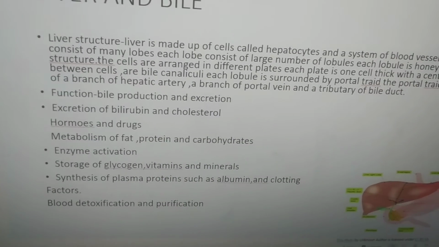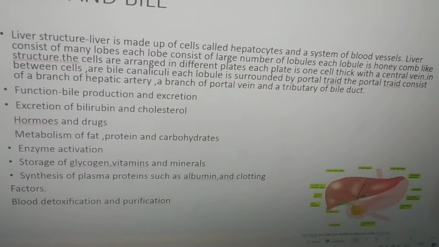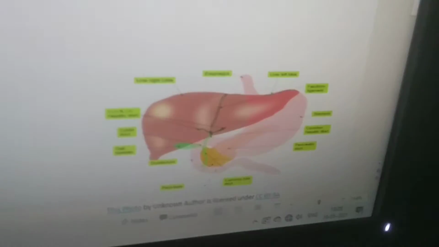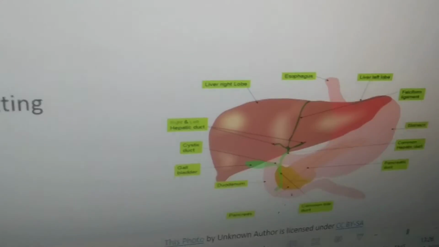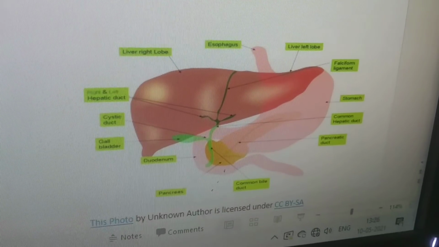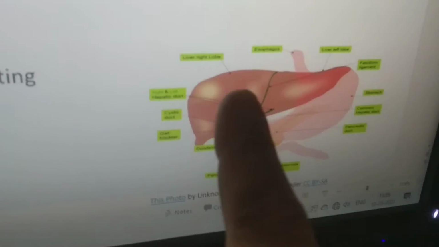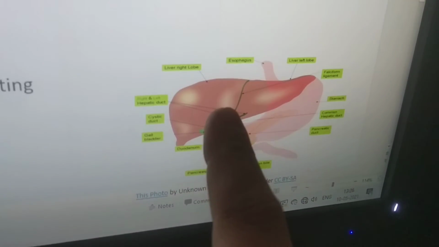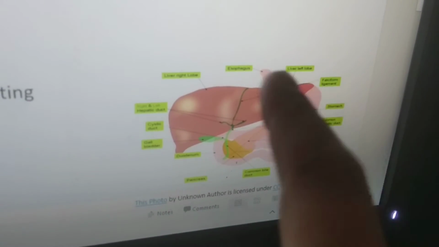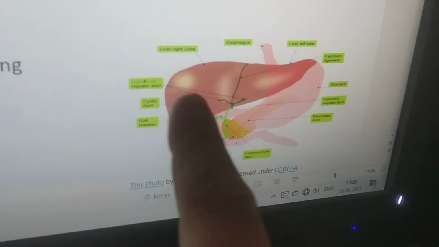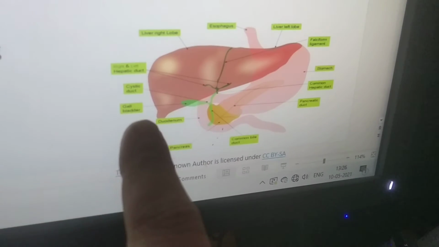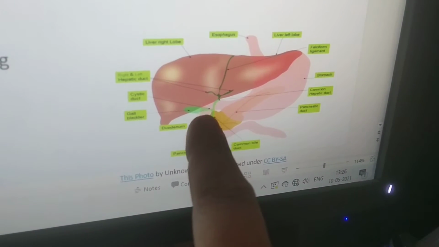And structure of liver is just like a honeycomb. Here we can see the structure of the liver. Here is the liver. Here we can see liver right lobe, liver left lobe, right and left hepatic duct, cystic duct.